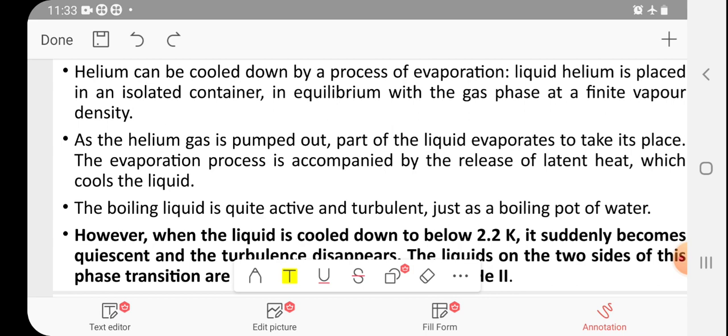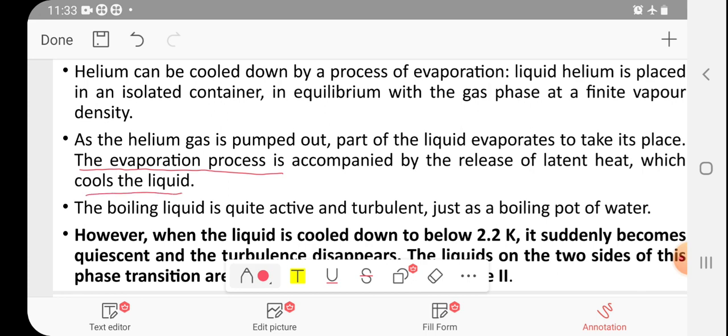So if you pump out the helium gas, you will observe the evaporation process. The evaporation process is accompanied by the release of latent heat which cools the liquid. So the evaporation process is responsible for the cooling of the liquid.